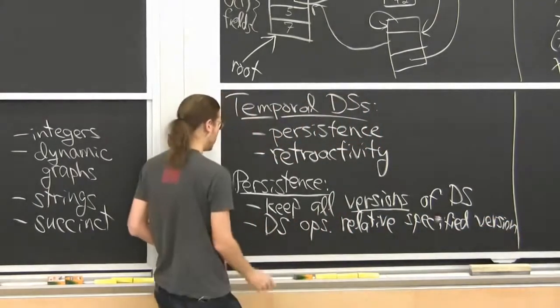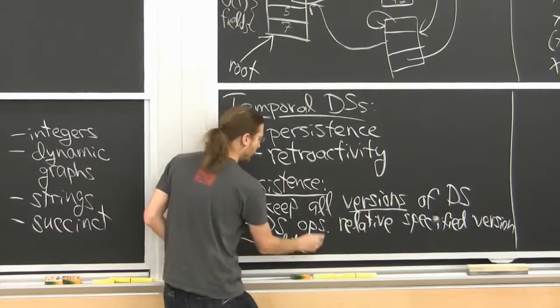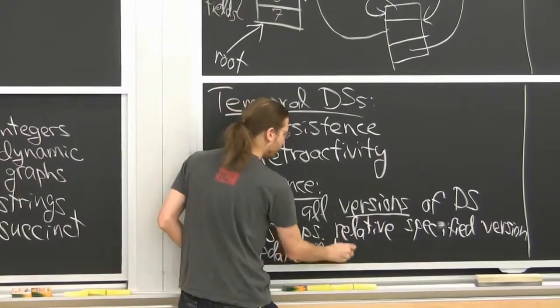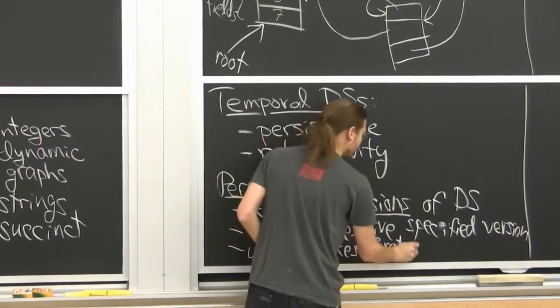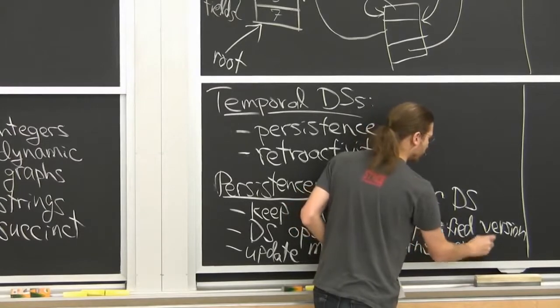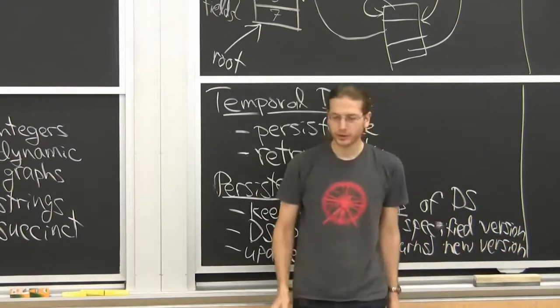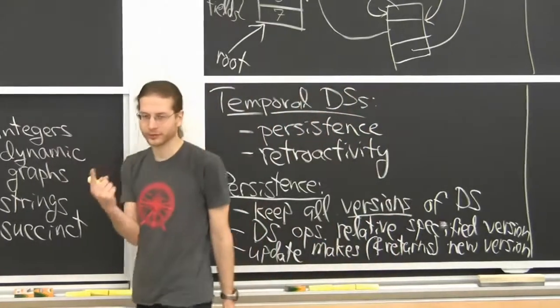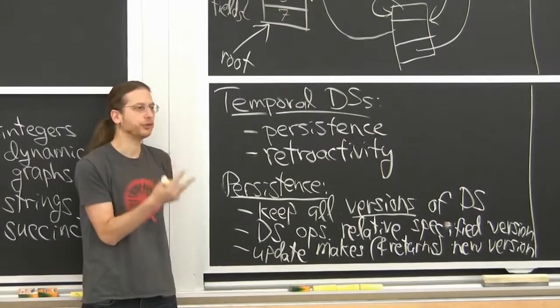So an update makes and returns a new version. When you do an insert, you specify a version of your data structure and the thing you want to insert, and the output is a new version.